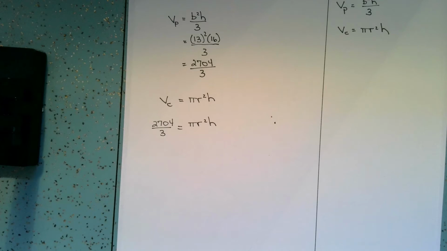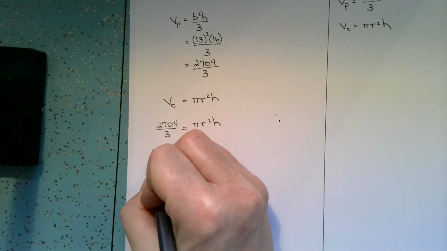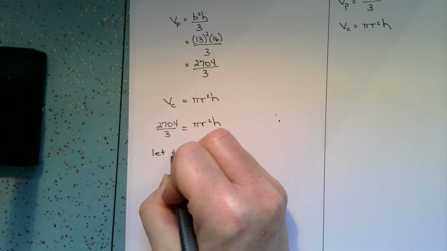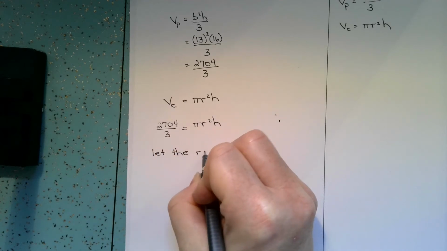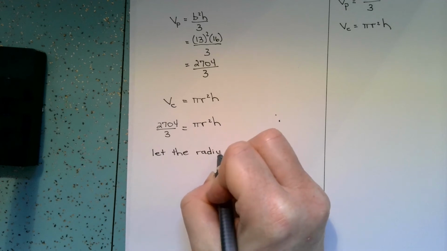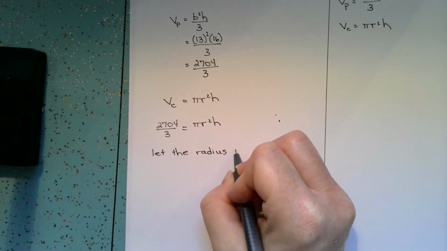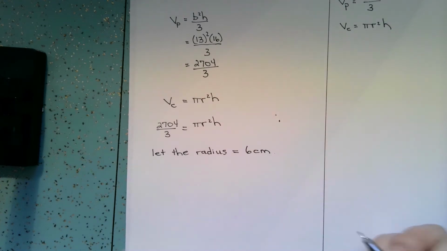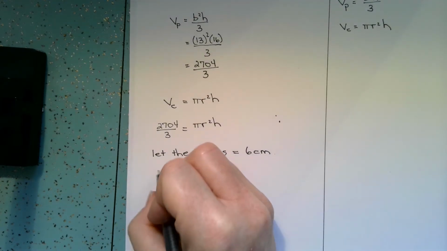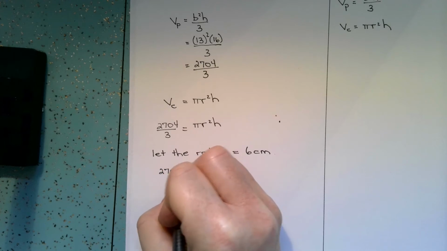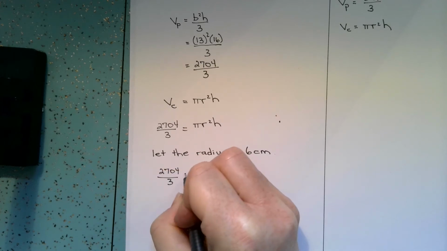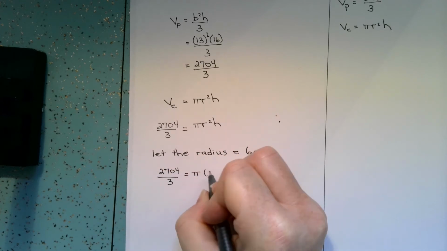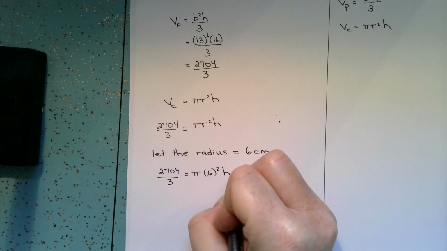So I could say let the radius be equal to 6. Let's check that out. Let the radius equal 6 centimeters. Now I've got 2,704 divided by 3 is equal to pi times 6 squared h.